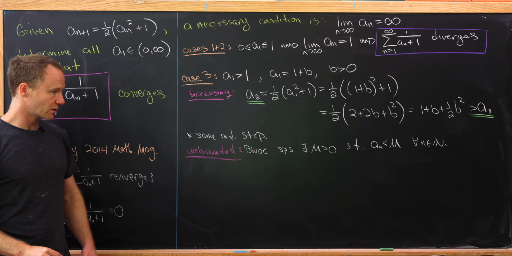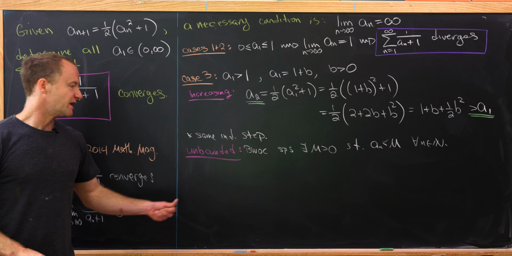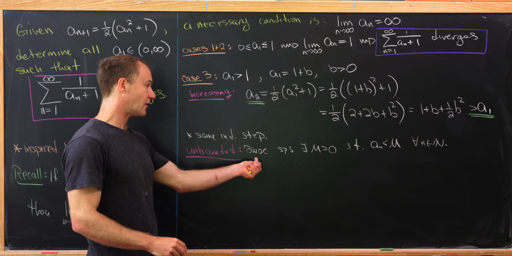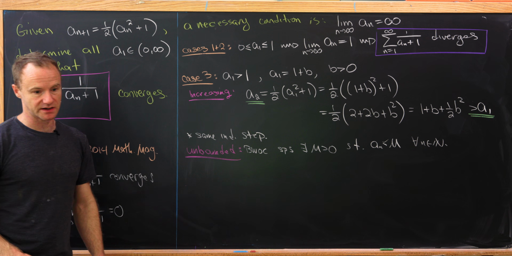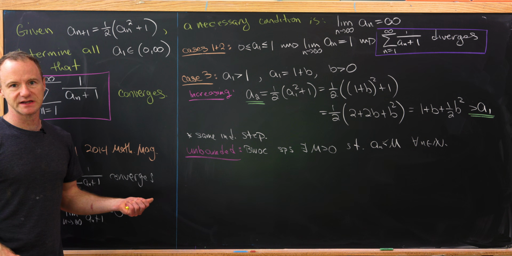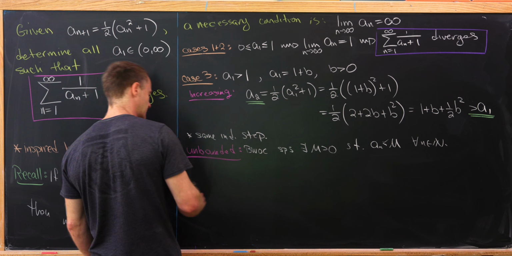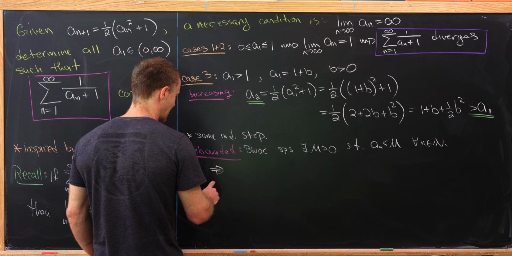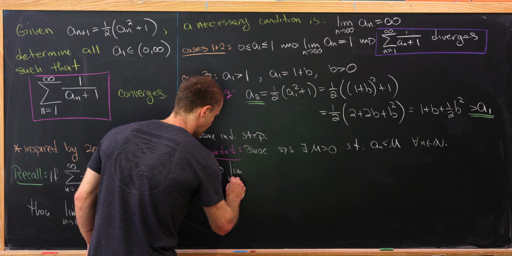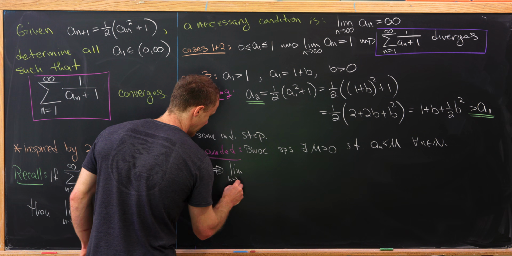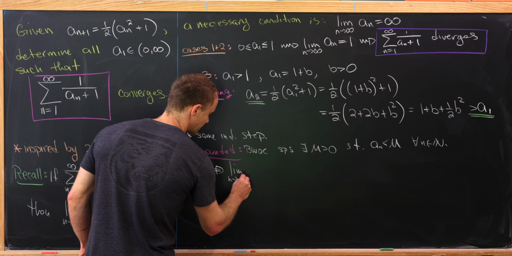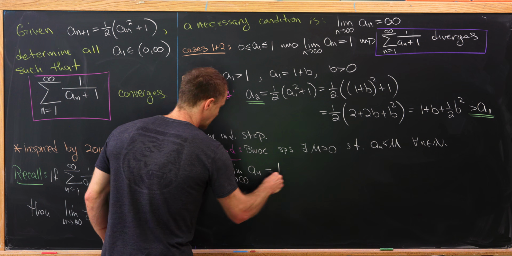But then that's where we're going to run into a problem, because then we'll have a bounded sequence that is increasing. But if we've got a bounded sequence that is increasing, it converges. But that means that it must converge to 1. So we have the limit as n goes to infinity of a_n equals 1.